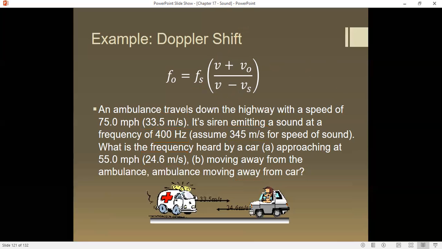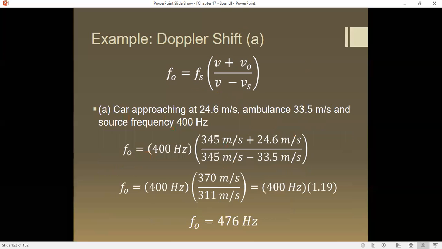So we'll do the car approaching the ambulance first. I keep a positive sign up here, a negative sign right here. I don't change anything because in this case, source is moving toward observer, observer is moving toward source. No change in sign. I plug in my speed of sound.